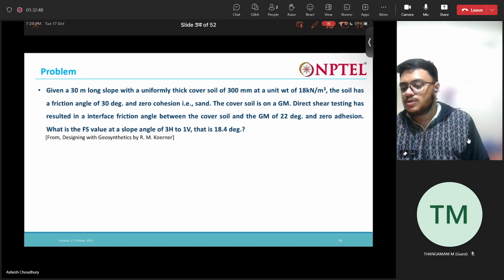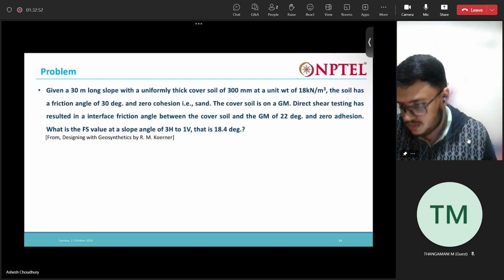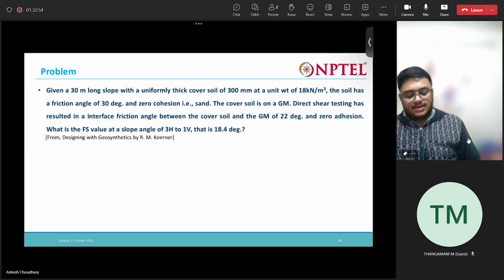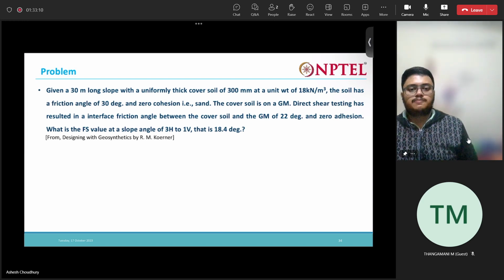Directly we will put the values and find everything out. Given a 30-meter long slope with a uniformly thick cover soil of 300 mm, a unit weight of 18 kN per meter cube, the soil has a friction angle of 30 degrees and zero cohesion, that is sand. The cover soil is on a geomembrane.